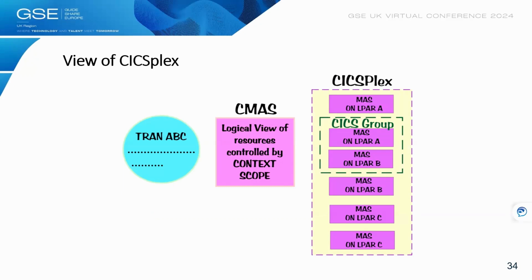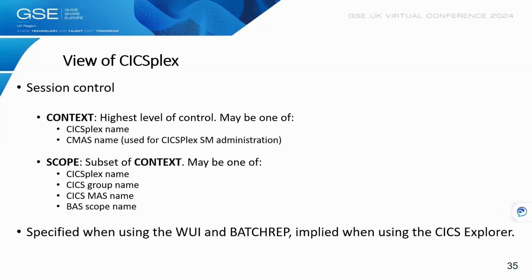So you can put a bunch of CICS regions inside of a group and say, CICS group A is these two regions. And if you set the scope to that group name, it will only do the command on these sets of regions. And that scope can be as narrow as a single CICS region, a group of CICS regions, or the entire CICSPlex itself, right? So there you have all the particular options.